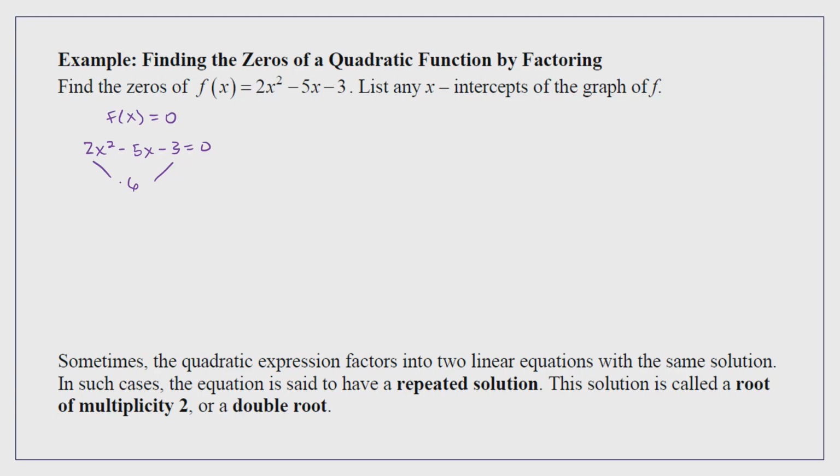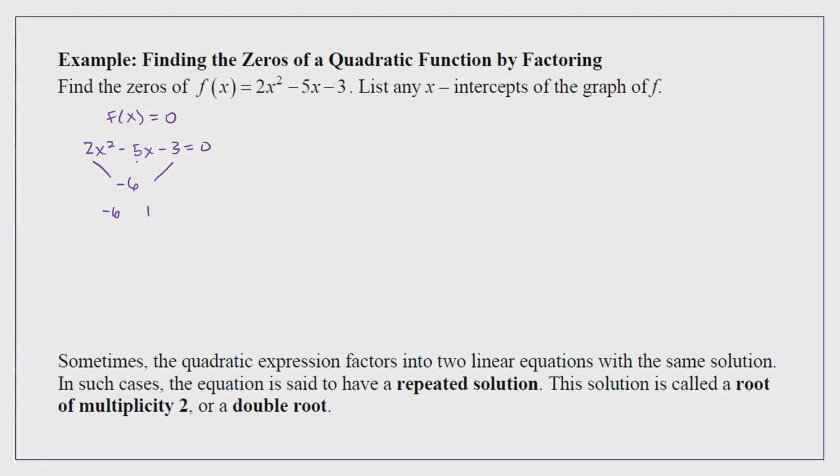Actually, this would be a negative 6, because 2 times negative 3 is negative 6. The two values that multiply to get us negative 6 but add to get us negative 5 are negative 6 and 1. Negative 6 times 1 is negative 6, but if I add these two values together, I get negative 5.